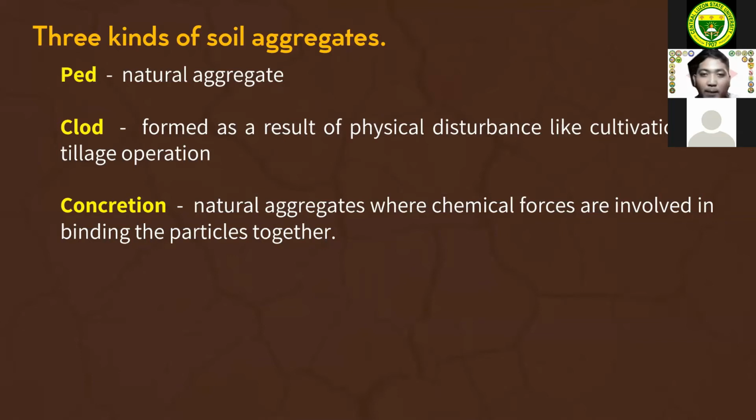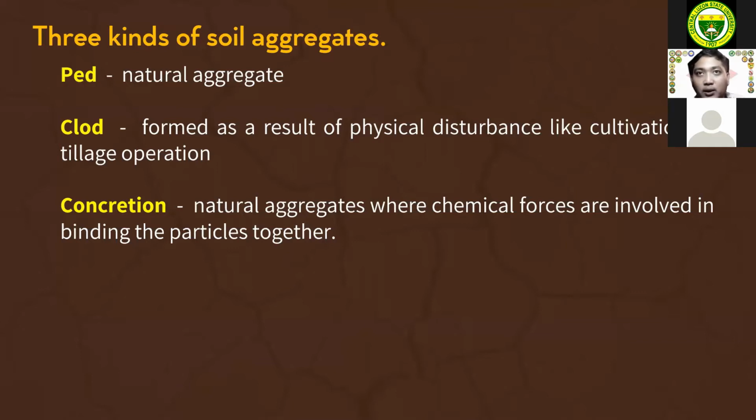Then another form of aggregates, but commonly small, na matatagpuan natin sa soil, these are what we call the concretions. Concretions are also natural aggregates where chemical forces are involved in binding the particles together. These are commonly a certain element that nagsama-sama or nag-flocculate, so they form a concretion.